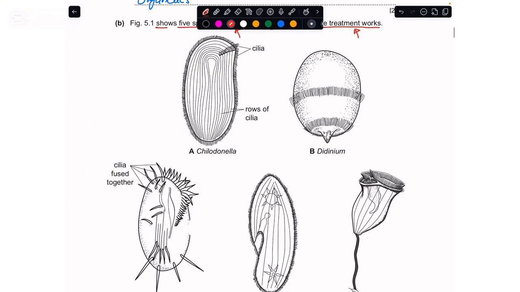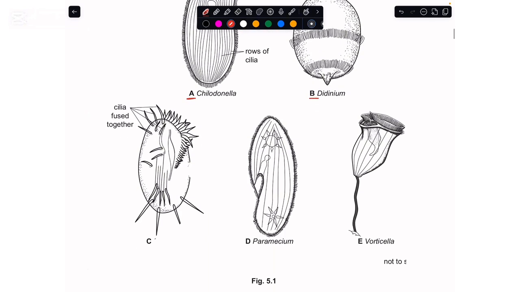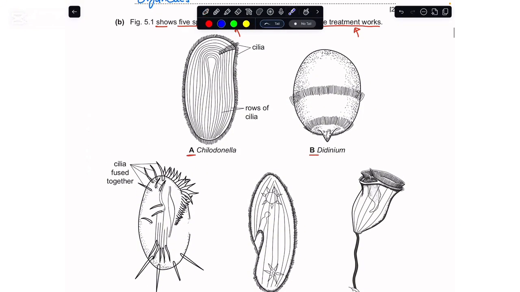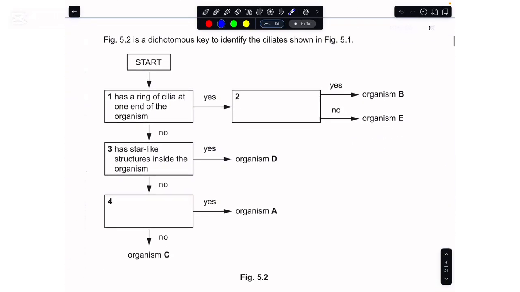So here you see they have given you this A ciliate, this is B, this is C, here we have D, and then we have this E, and they have their genus name written at the bottom. Now, if we were to move to figure 5.2, they say we are showing you a dichotomous key.